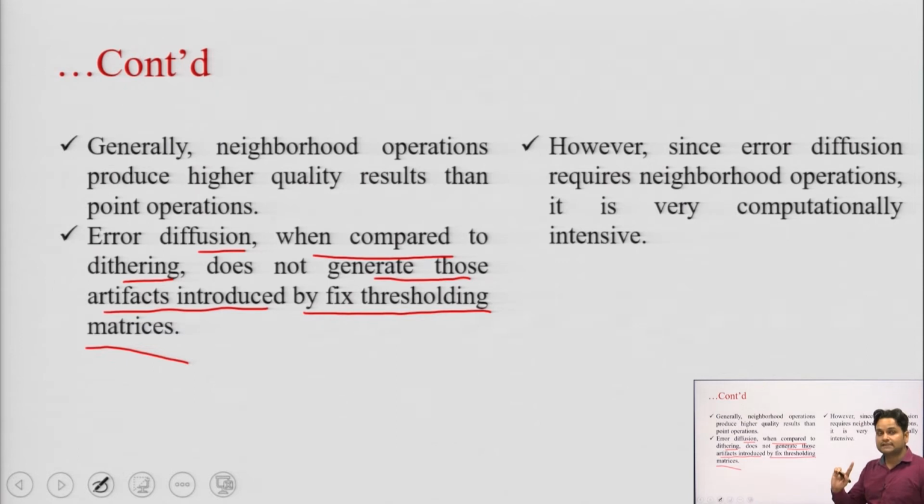In the dithering process, the matrix is fixed. Once the user has defined a dither matrix, it cannot be changed, but in error diffusion, according to the neighborhood pixels, it can change. Okay. So, that is the difference between error diffusion and the dithering method.